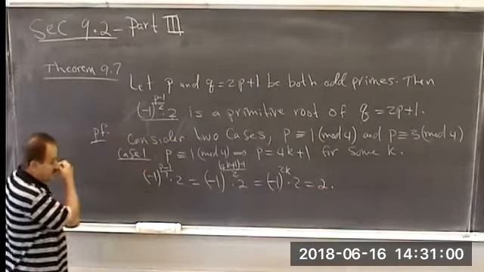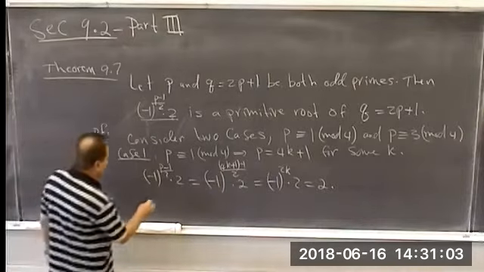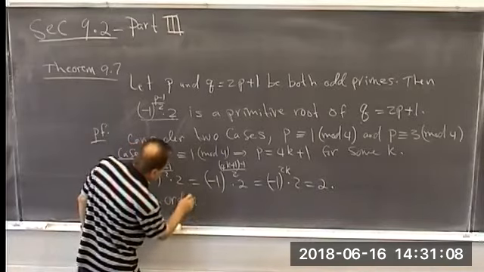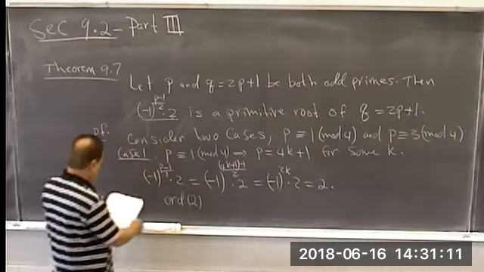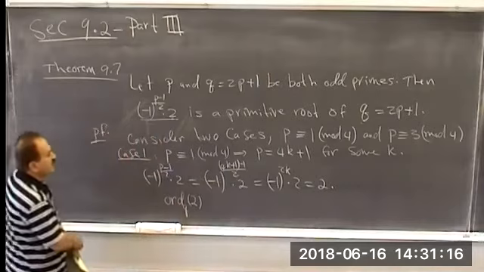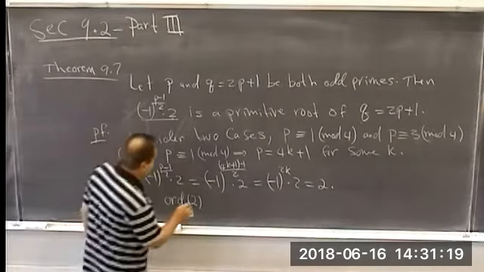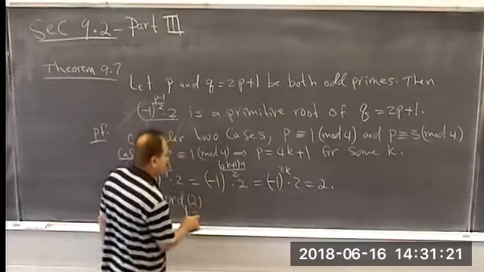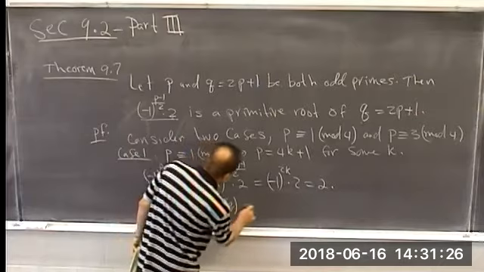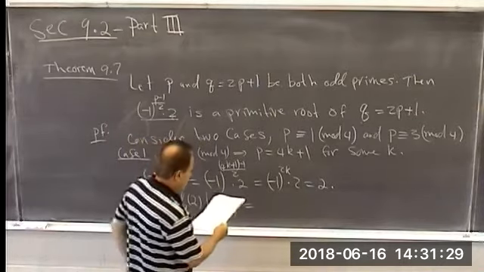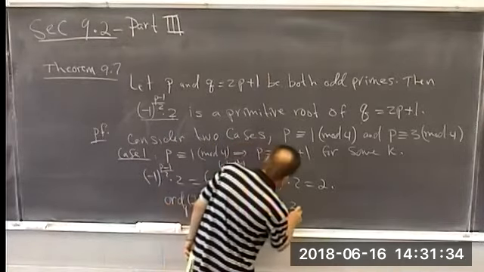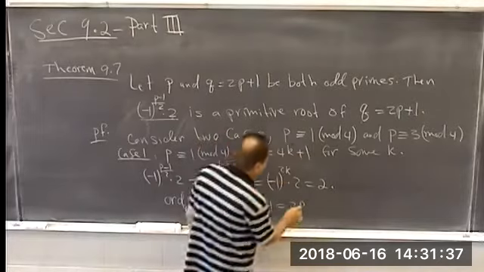Now we know that the order of 2 modulo the prime 2p plus 1, which is q, is going to divide phi of q, which, because it's a prime, is q minus 1, which is 2p.